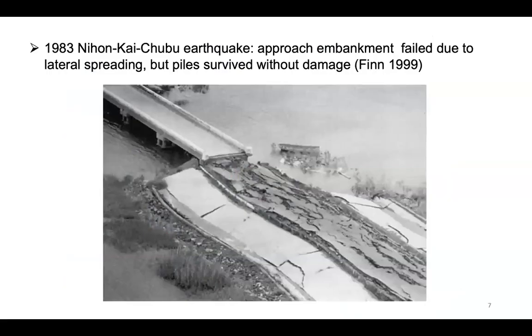But there are also examples where the piles perform satisfactorily. This is a case study documented by Professor Finn from the 1983 earthquake in Japan, where, as you can see, the approach embankment was completely demolished as a result of the lateral spreading. However, the piles appear to survive and perform satisfactorily, as well as the bridge deck.